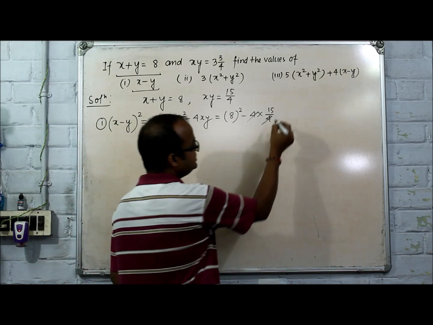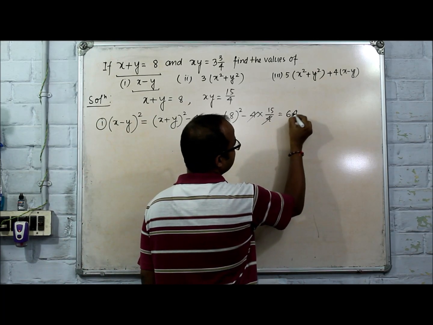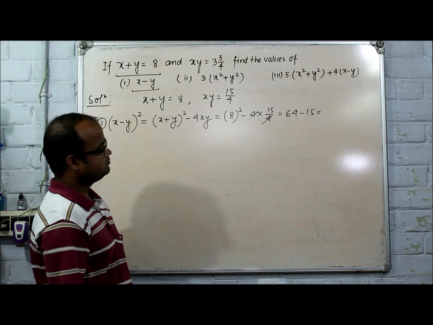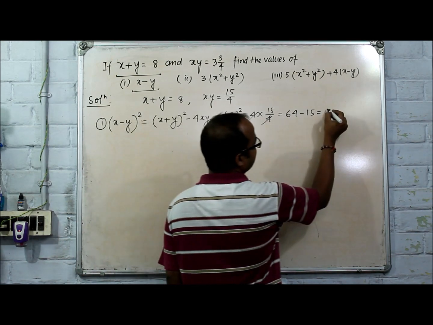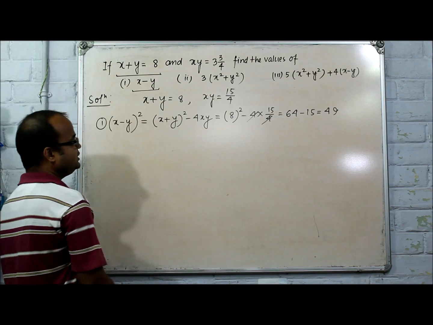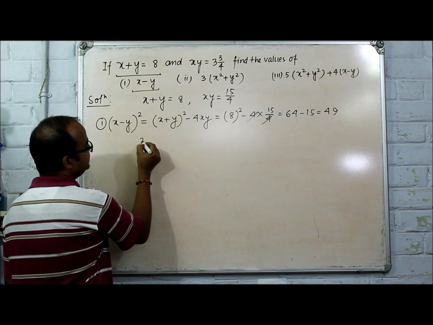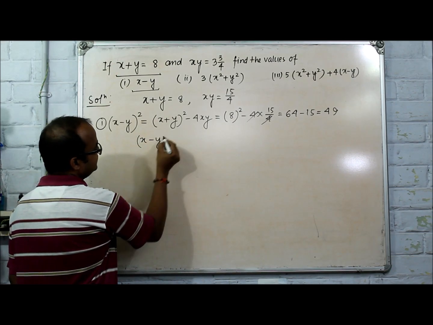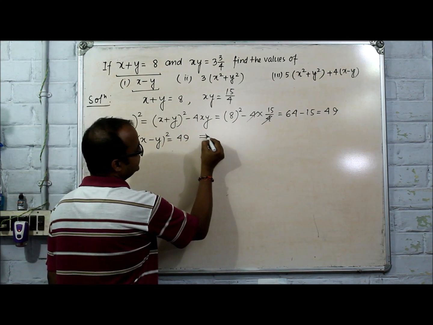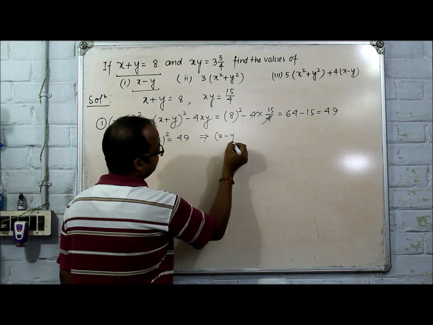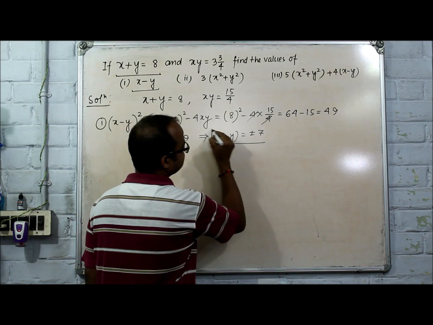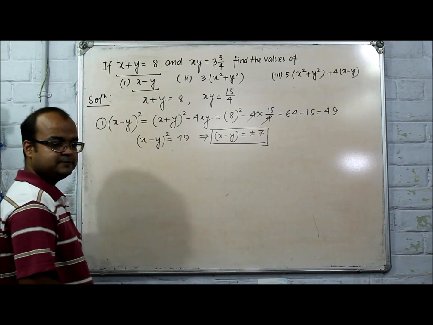So 8 square means 64 minus 15. So this is equal to 49. So now (x minus y) square is equal to 49. If you take the square root on both sides, you will get x minus y is equal to plus minus 7. Clear?